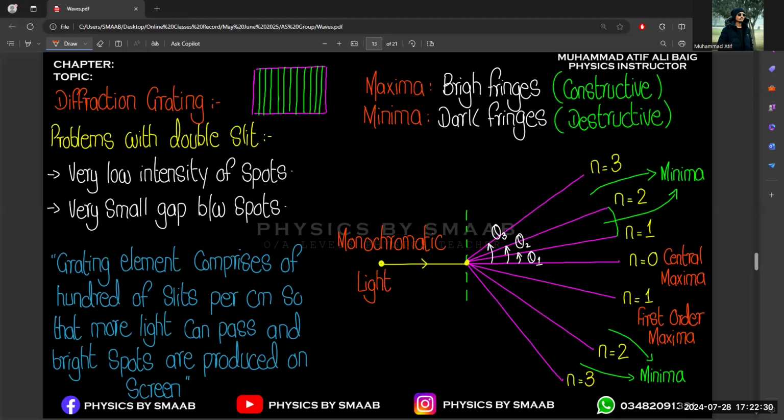Now we have to discuss the formula, what is the formula for diffraction grating and how we use that formula.